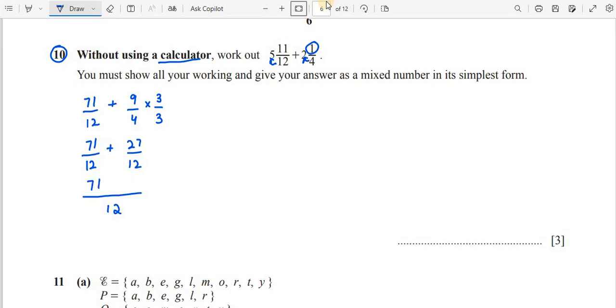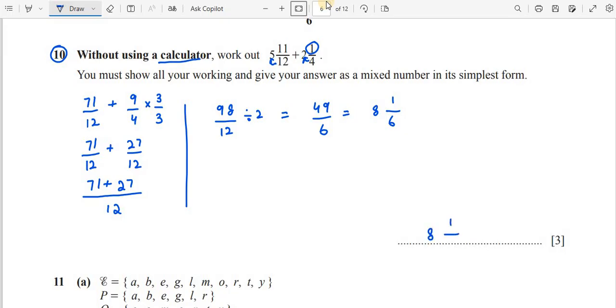So 71 plus 27, the sum of these values we get 98 over 12. Divide by 2, we get 49 over 12. So 49 over 12 should be written as 8 1 by 6. So the final answer is 8 1 by 6.